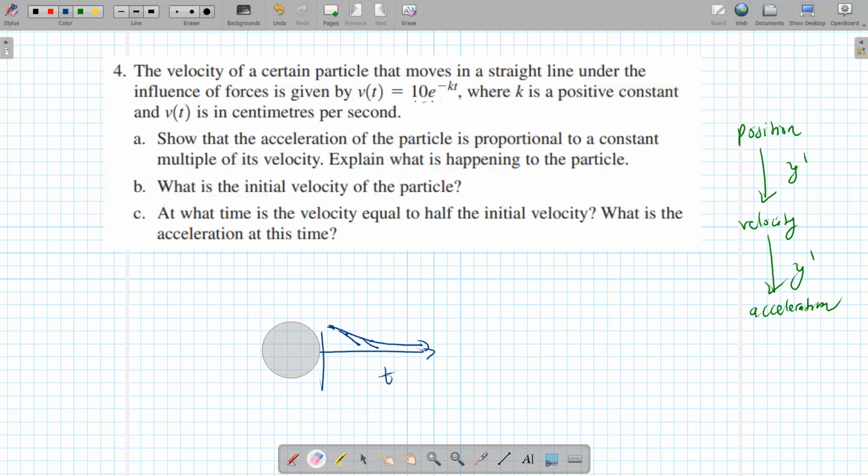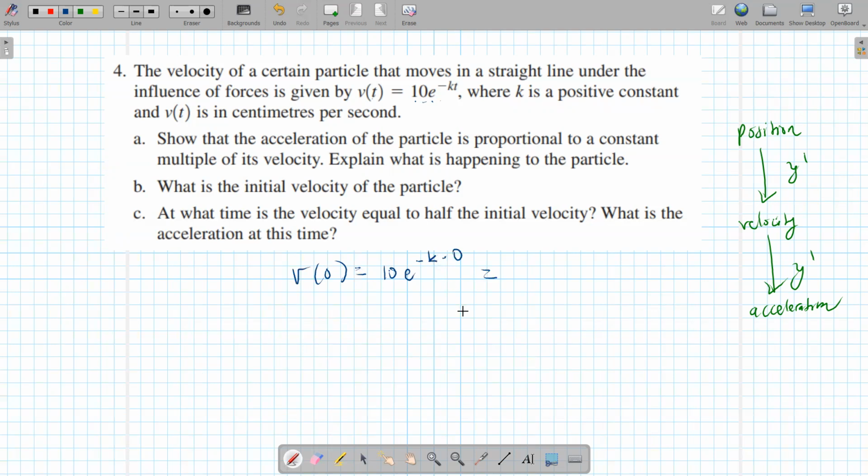All right, what's the initial velocity of the particle? Initial velocity means at time zero, what's the velocity? You just need to find v of 0. So that'll be 10 e to the negative k times t, k is a constant, but time is 0.